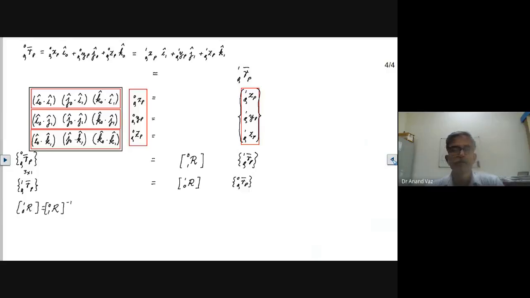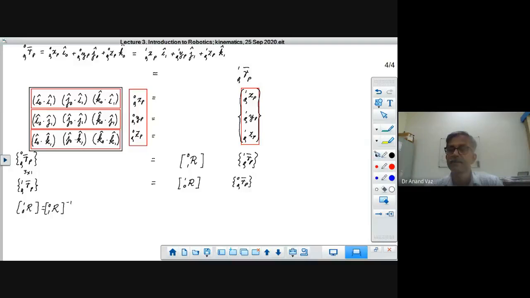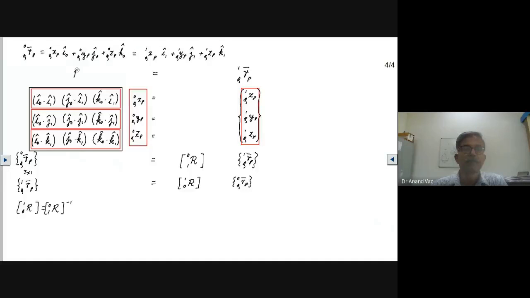So this matrix here is R, but now you are going from 0 to 1. So this is frame 0, 1, operating on this vector, the vector that we have here.